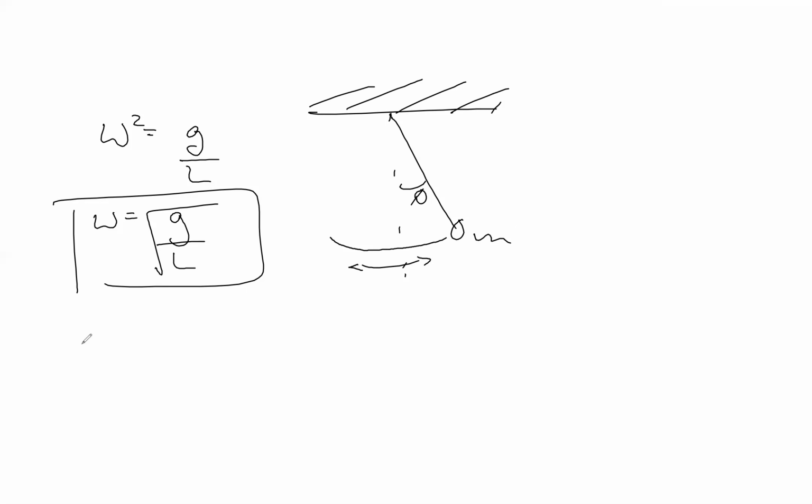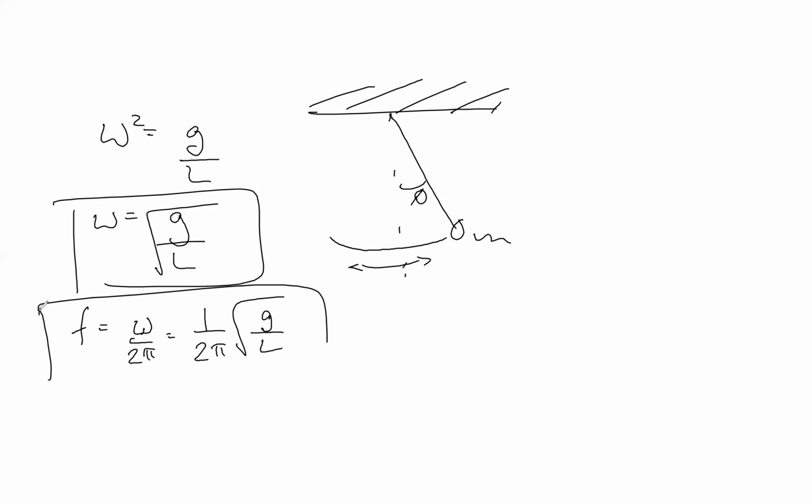Well, remember, f, my real frequency, is just equal to omega over 2 pi. So I can plug that in and get 1 over 2 pi times the square root of g over L, like that. And most importantly, the period is equal to 1 over f, so that's just 2 pi times the square root of L over g.